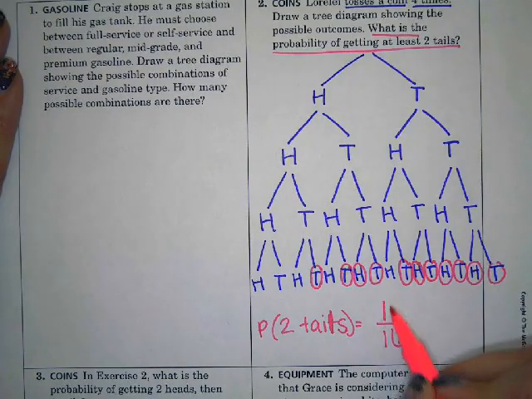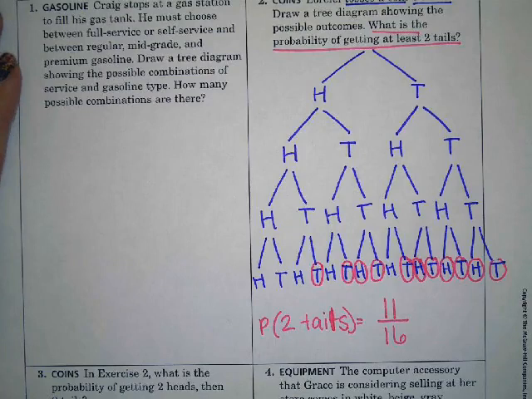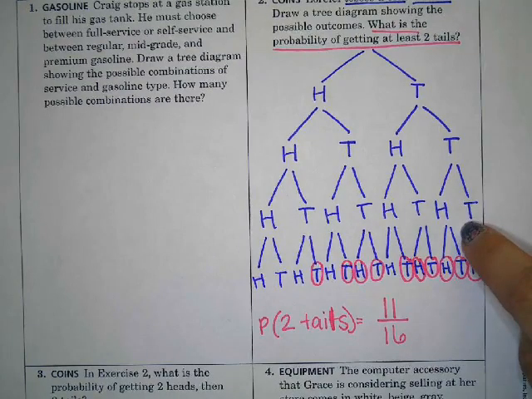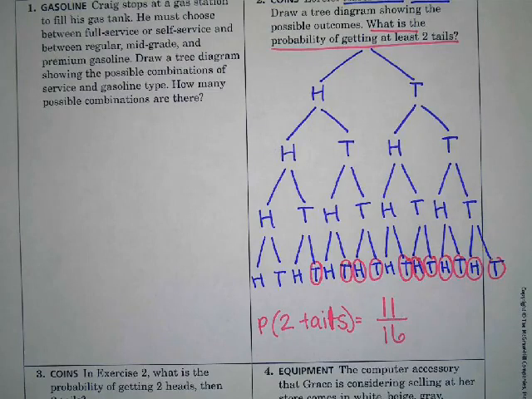So 11 out of 16 would be the probability of getting at least 2 tails. Let's go ahead and look at number 3, which is going to deal with the same tree. So you're going to use number 2 to answer number 3. I'm going to let you do those on your own.